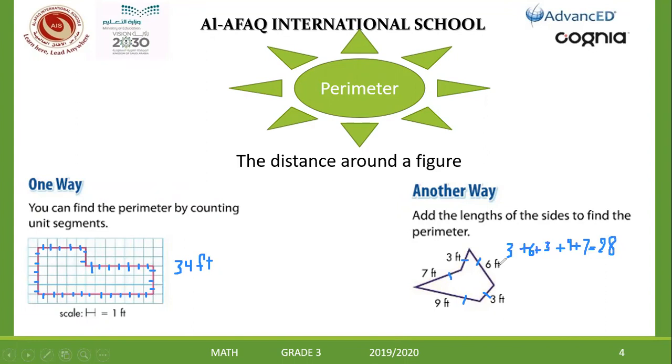The unit for each side length is feet, so we take the same unit. So it is 28 feet.